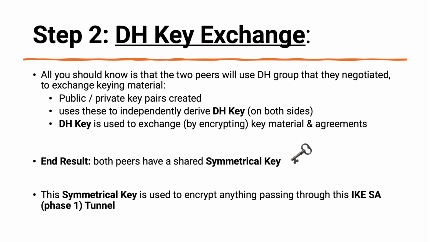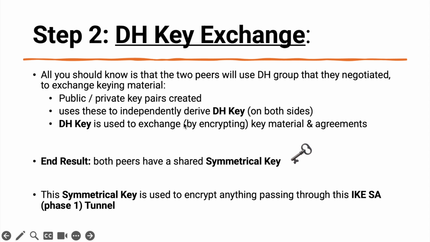So step 2 is messages 3 and 4, the Diffie-Hellman key exchange. All you should know is that the 2 peers are going to use a DH group, configured on both sides, that they negotiated, to exchange keying material. If you don't know what Diffie-Hellman is, I'd go watch some content on that and do some reading.